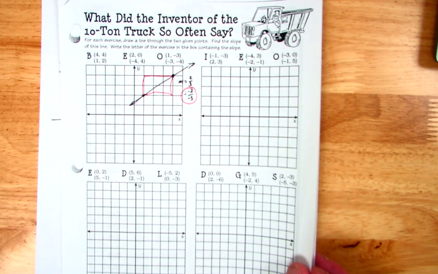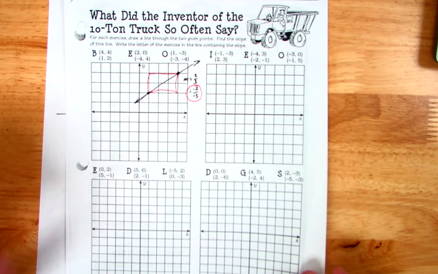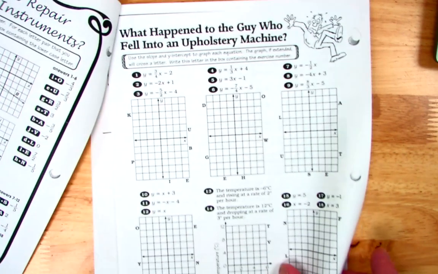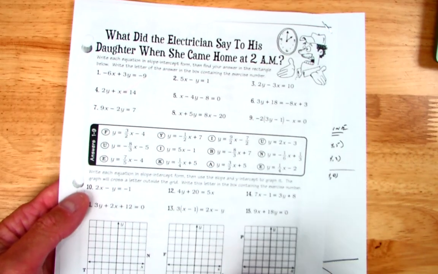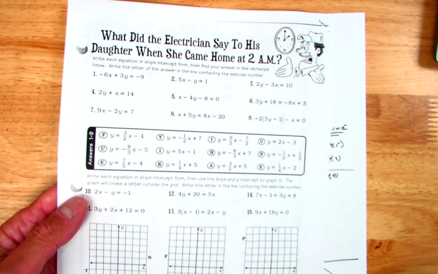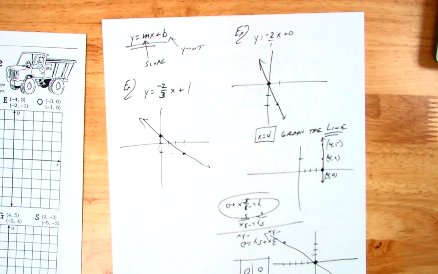If after doing this little packet, you're still struggling with finding slope, that's something you need to come in and work on. Find slope, graph lines. Do not do the back page yet. Go, get the rest of the time.